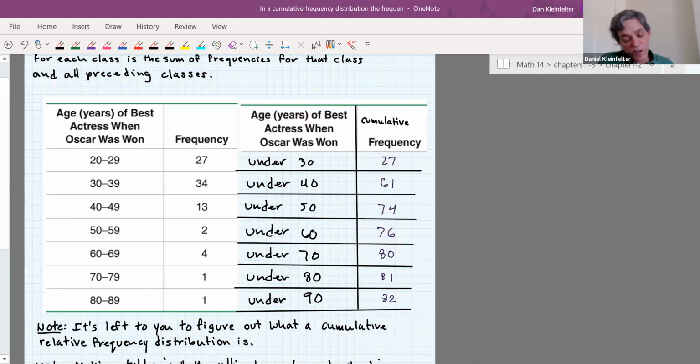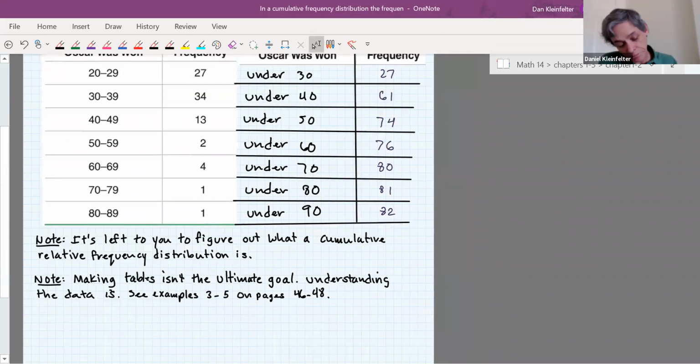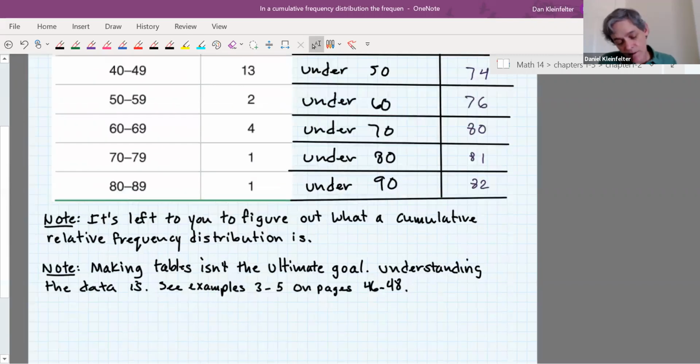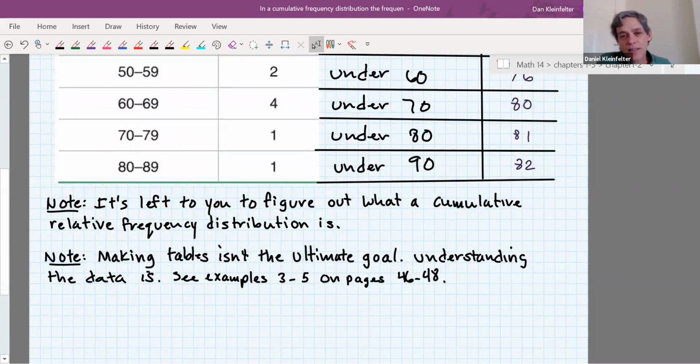I will leave it to you to figure out what a cumulative relative frequency distribution is. One thing important to note is that making tables and all of this can seem like busy work, especially that stem and leaf plot. All of that is not the ultimate goal. Understanding the data is ultimately the goal.